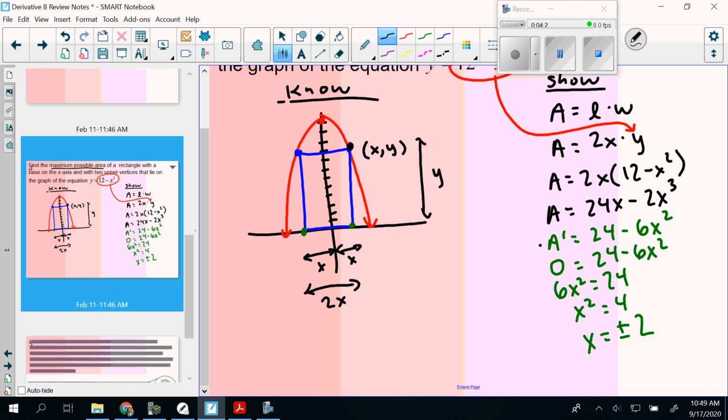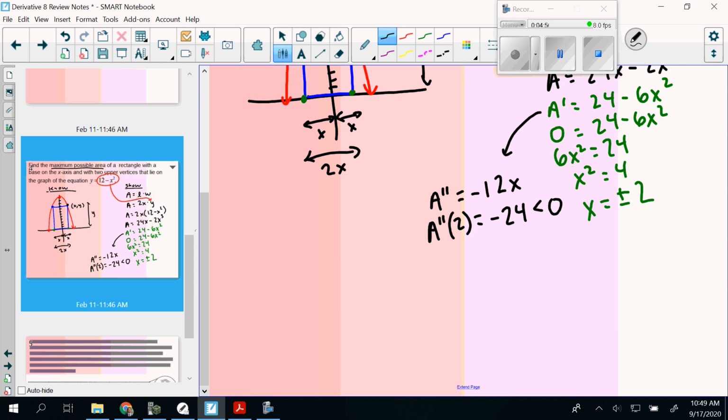But again, to show that the positive one is the maximum, we can use the second derivative test. The second derivative here would be: derivative of 24 is 0, derivative of the other part is negative 12x. So what's our second derivative at positive 2? It ends up being negative 24, which is less than 0.